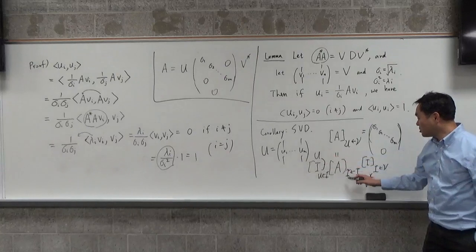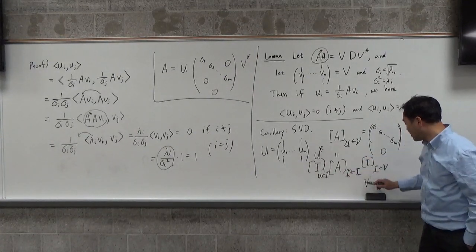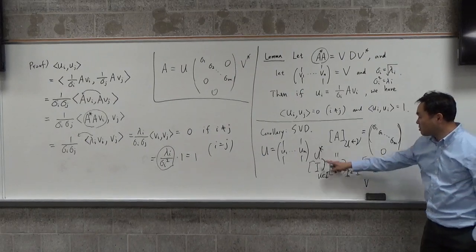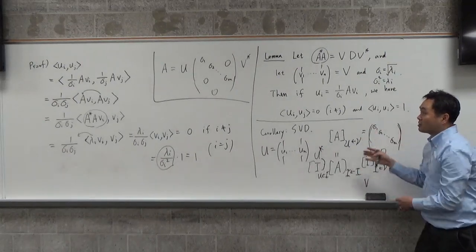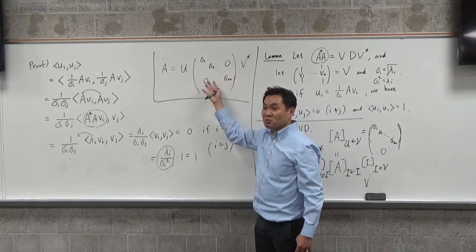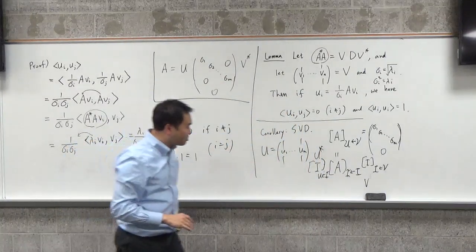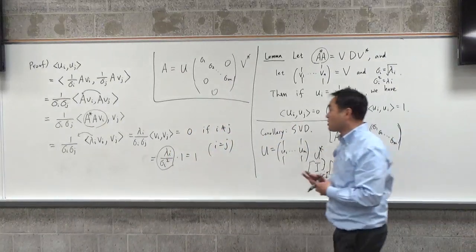So this is V and this is U star. This should be the inverse one. And then if you multiply to the other side, you get this as your conclusion, which is the SVD from before. Okay. So that last part was a little flimsy, but if you actually do the work, it should work out.